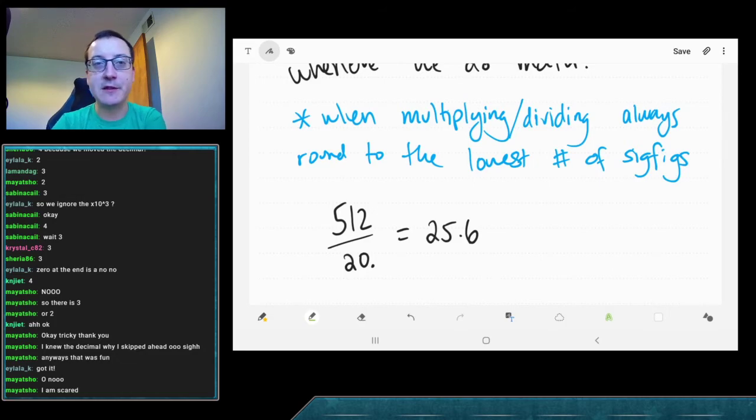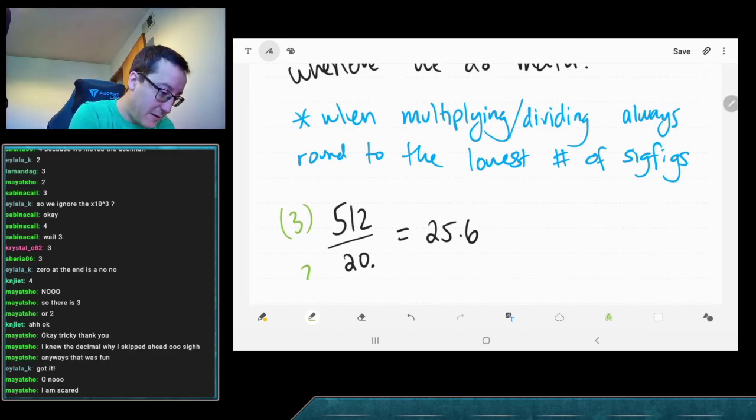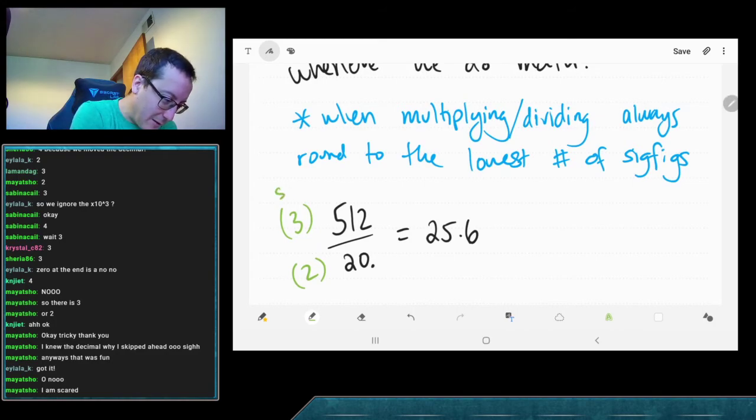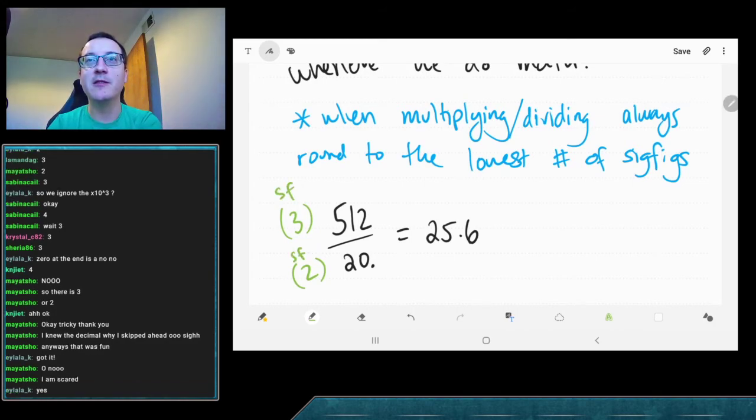No zeros here, so it should be easy. This number here had 3 sig figs, right? The number on the top. And the number on the bottom should have 2 sig figs, right? I'll just put sig figs up here, just so we all know what those numbers mean.